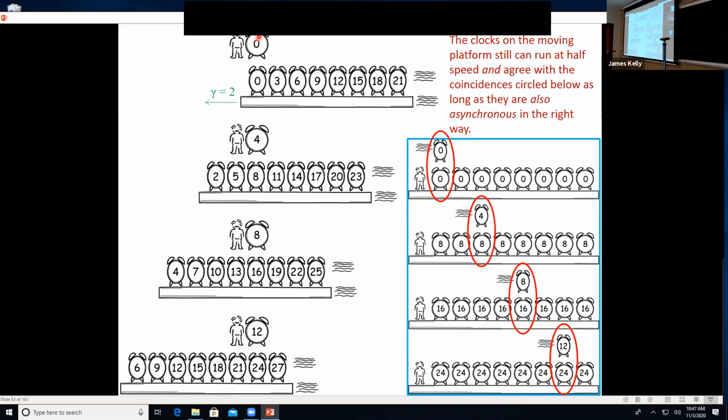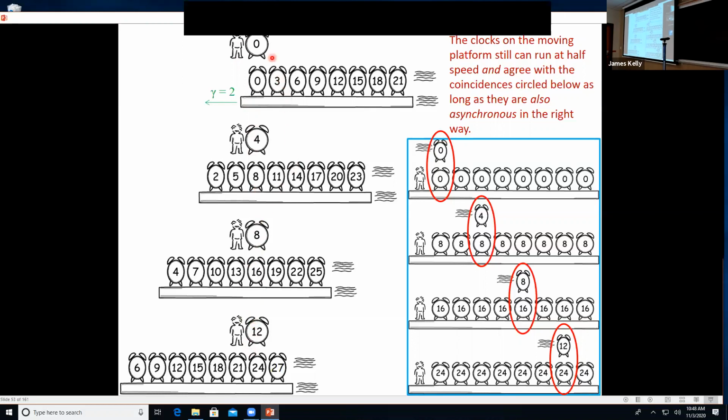Now we're taking the point of view of that formerly flying clock as being at rest and watching the platform move by, and we said, well, we know these clocks were, of course, synchronized in their rest frame. They're not synchronized here. They have some staggering of times as you go down the line at any instant in time. And therefore, notice that those coincidences, the 4 above and the 8 below, the 8 above and the 16 below, are still maintained in this picture.